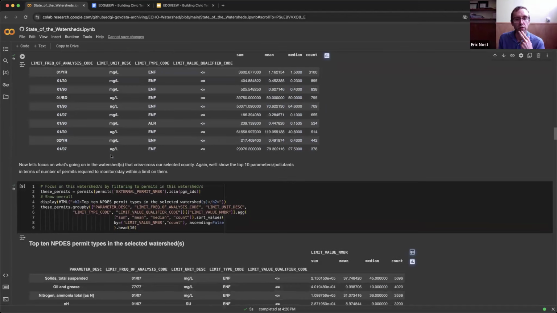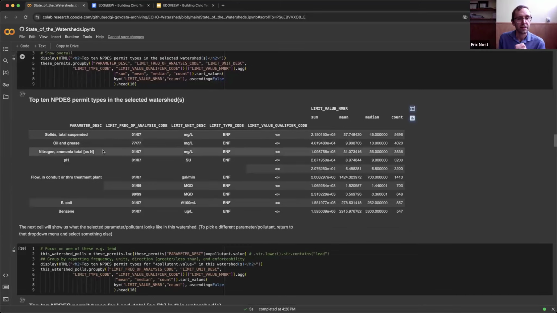And one thing that I want to point out here is that we do also see some monitoring that is not enforceable. So this ALR code is going to tell us, okay, there's 500 or so permits around the country where they've got to monitor for lead, but they're not on the hook for it. There's nothing enforceable behind any of the levels.